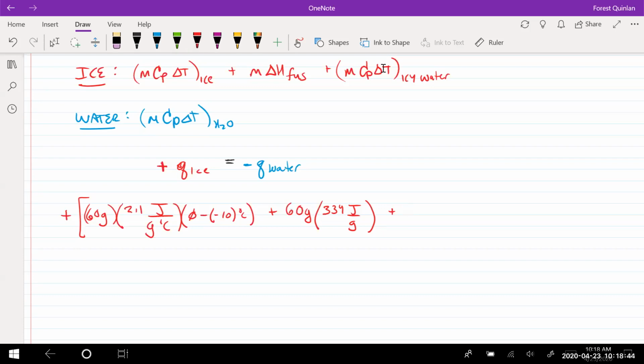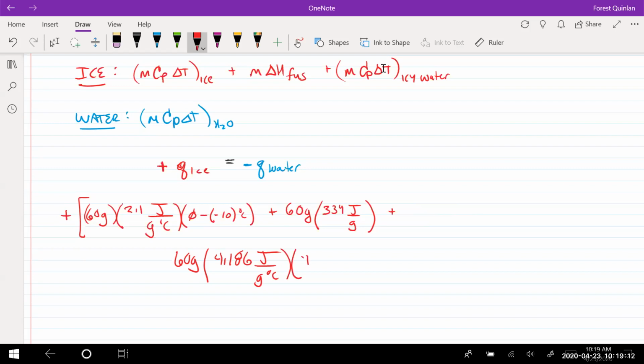Then we have our 60 grams of ice times now the heat capacity of the icy water. Well, that's just the heat capacity of water, 4.186. So that's 60 grams times 4.186 joules per gram degrees Celsius.